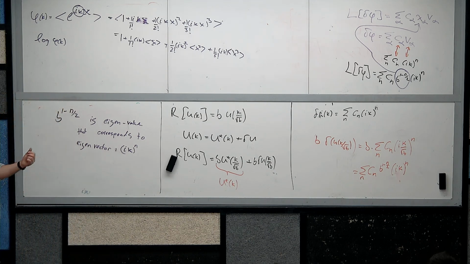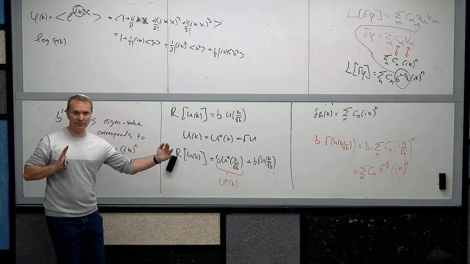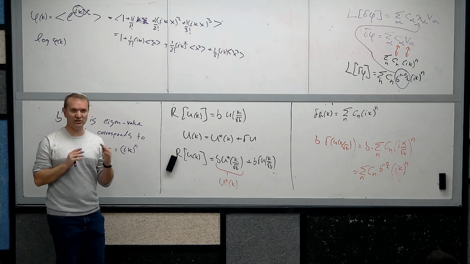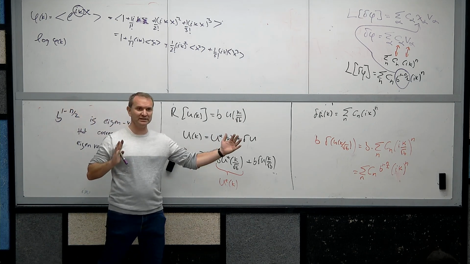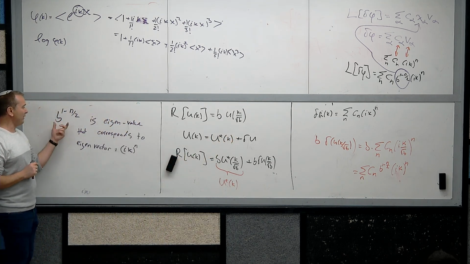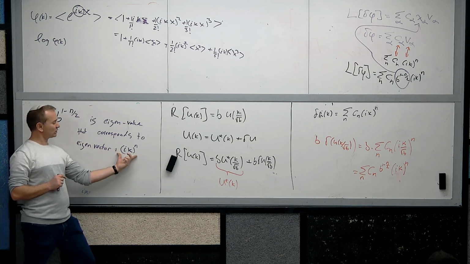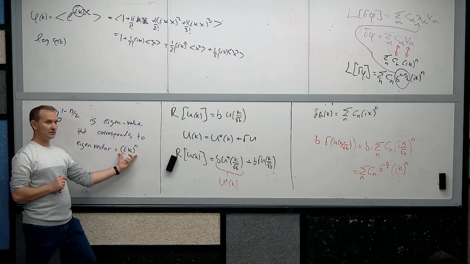Now, what is b? It is the size of my RG step. b is always the size of my RG step. b can be 1, 2, 3, 4, 5. So I know that the eigenvalue is b to the (1 minus n) over 2, and this is the corresponding eigenvector.